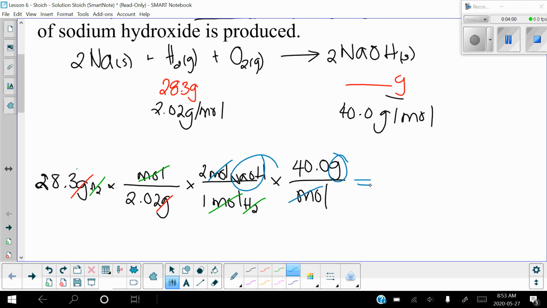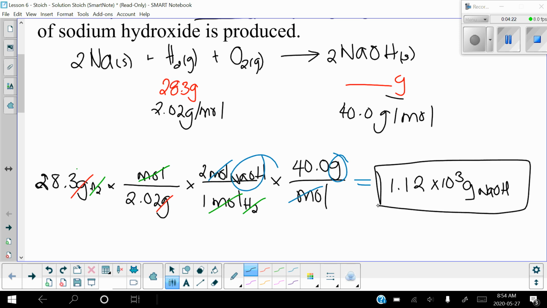Once I plug this in, I'm going to round my answer to 3 significant digits. My final answer will be 1.12 times 10 to the positive 3 grams of NaOH. Lovely. Let's move on to the next review.